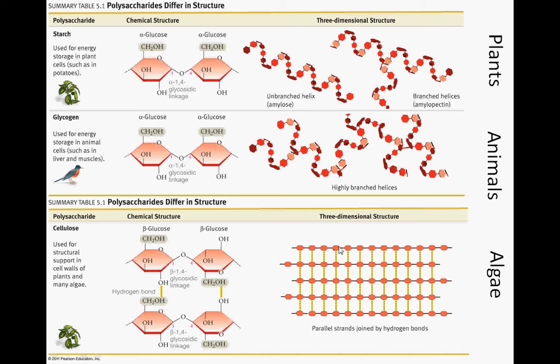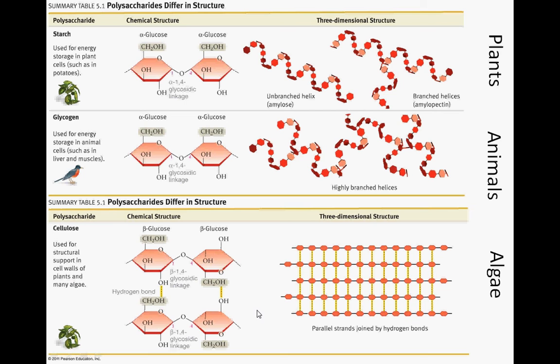These are very well ordered, and you can see that they actually seem to line up in these nice parallel strands. Starch and glycogen don't do that. They basically tangle up into these big, sort of non-structured balls.